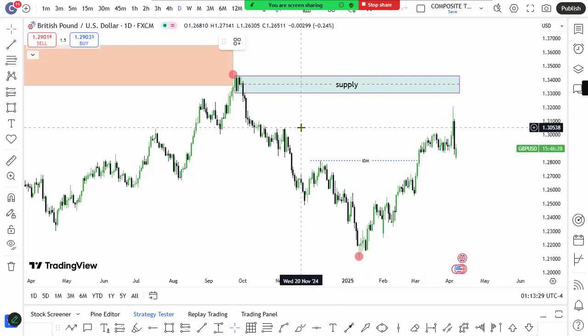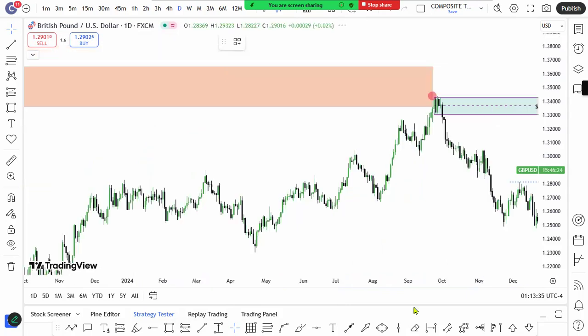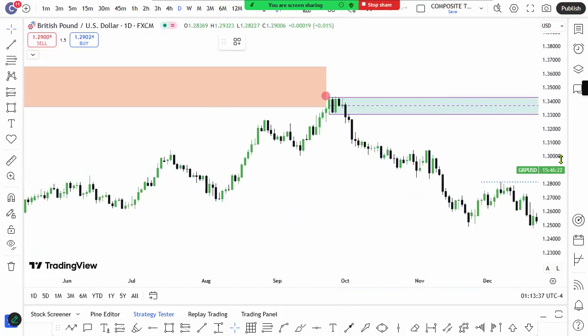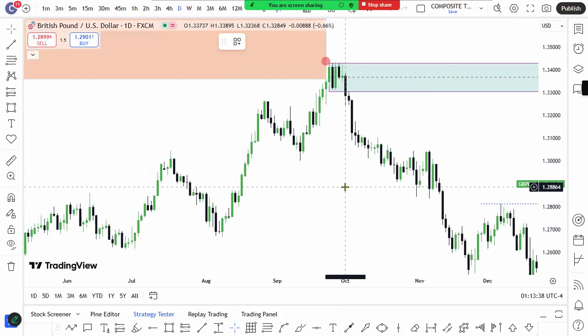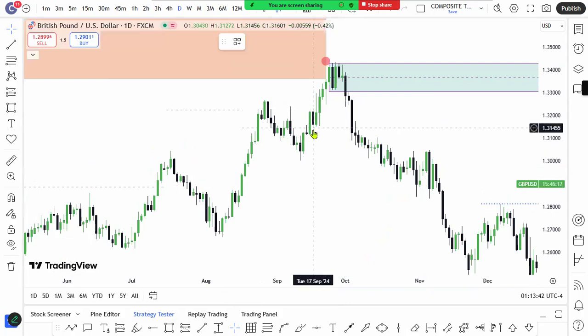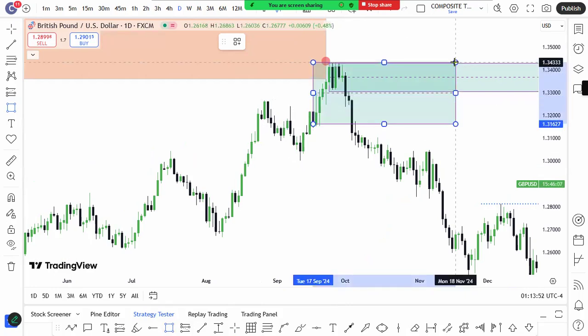So having that zone there, what do we get to see from this? The last sell before the buy. So this is the order flow that is here. This is the entire order flow.